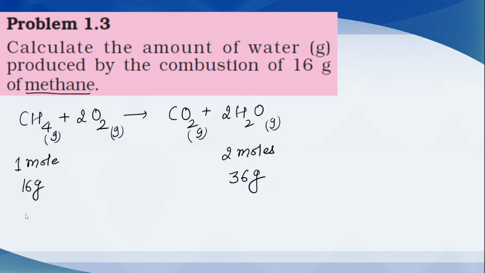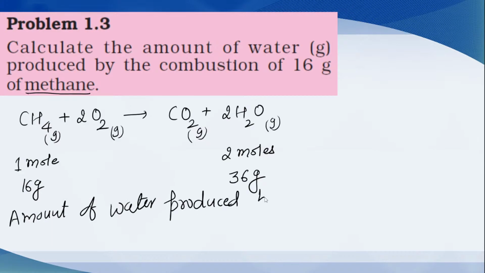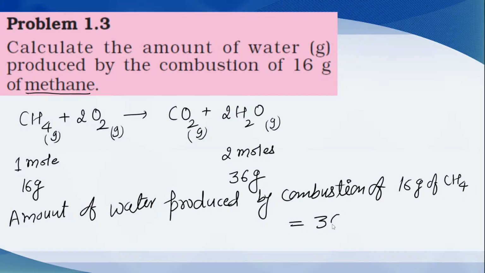So obviously the amount of water produced by combustion of 16 gram of methane is equal to 36 gram. That's it. Okay, next question.